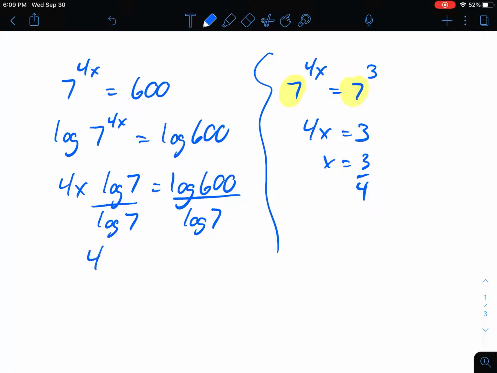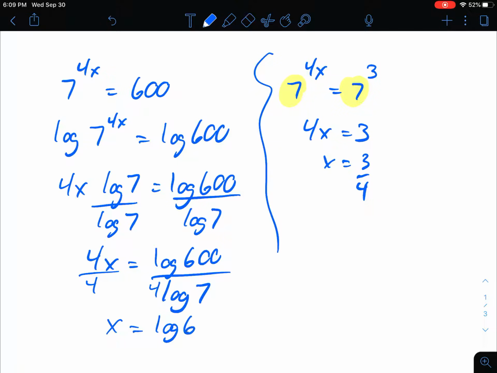And I'm left with 4x equals log 600 over log 7. And now I've got that 4 in front to deal with. So I'm going to divide both sides by the 4 as well. So the answer is going to be x equals log 600 divided by 4 times log 7.